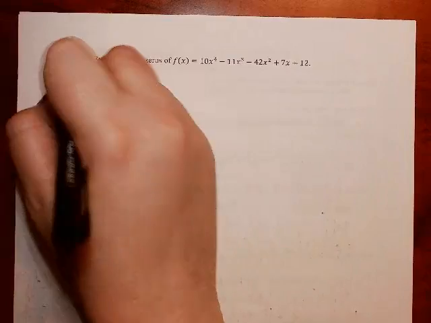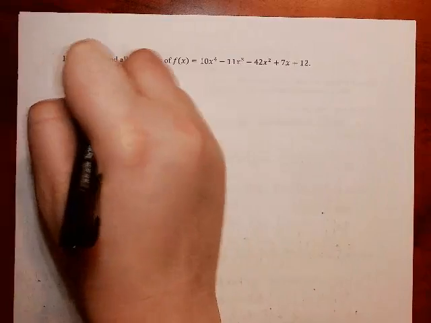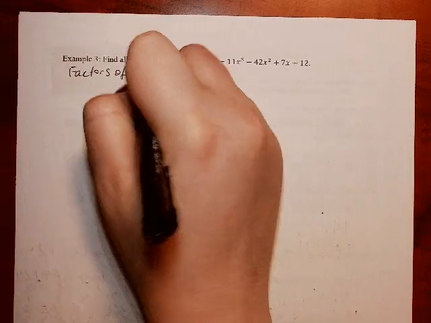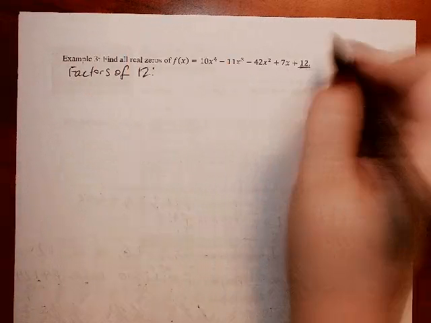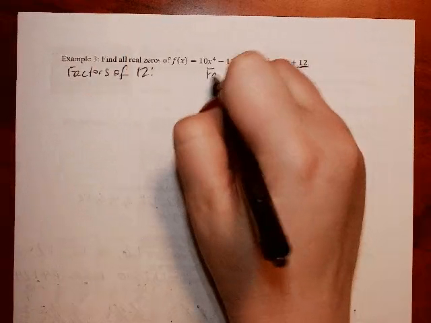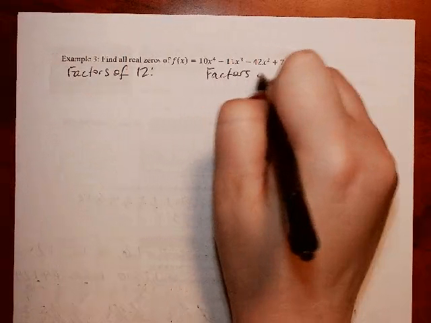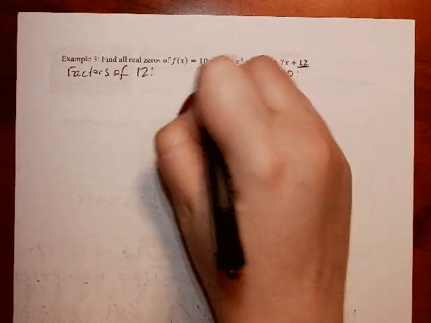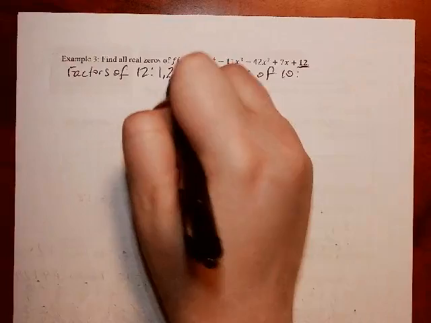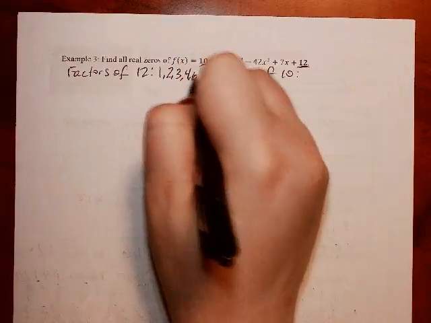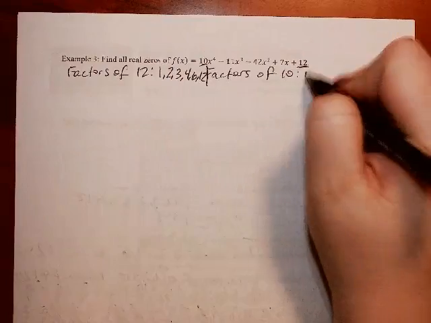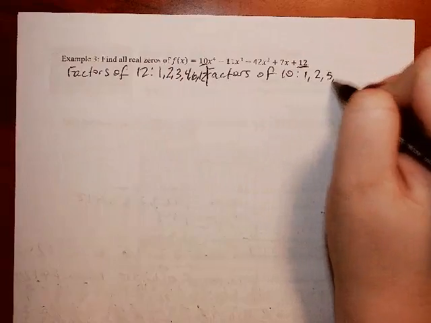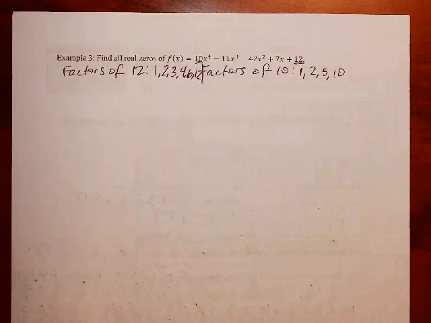So first thing, we're going to list the factors of 12. So that's our constant, and then we're going to list our factors of 10, because that's our leading coefficient. So 1, 2, 3, 4, 6, and 12 are our first set of factors, and 1, 2, 5, and 10 are our second set of factors.